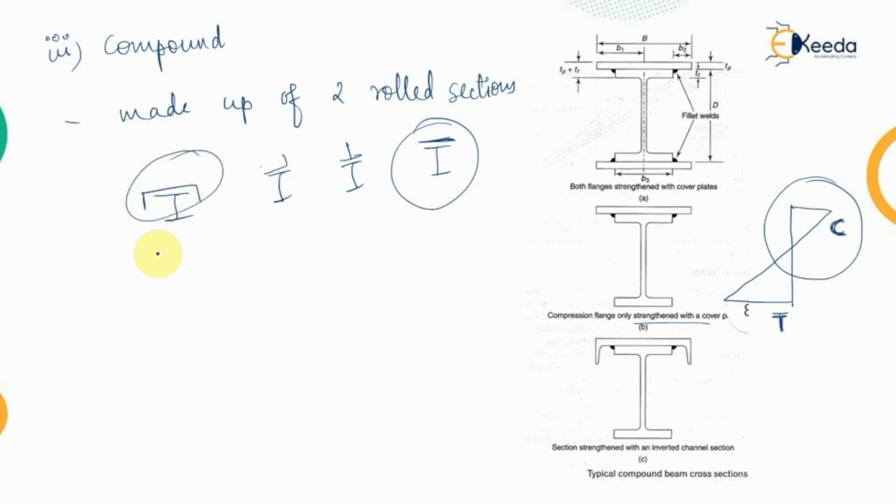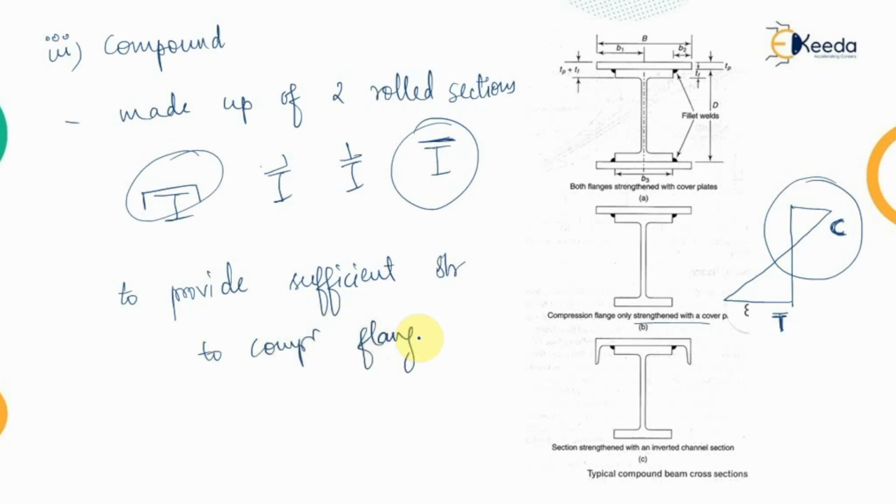So compound sections are provided to give sufficient strength to the compression flange of the I section. So this is the important criteria for the compound beams.